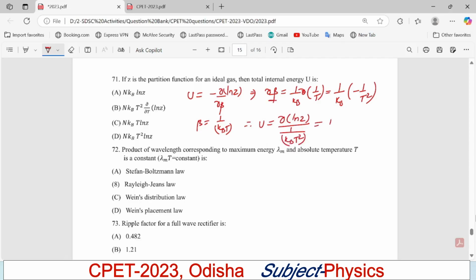So finally we get kB into T square, and I forgot del T is also there, so kB into T square del of ln Z by del T. So this is the correct answer. I calculated this for 1 mole of gas. If I consider n moles of gas, then n will be multiplied with this answer. So n into kB T square del ln Z by del T. So option B is the correct answer.